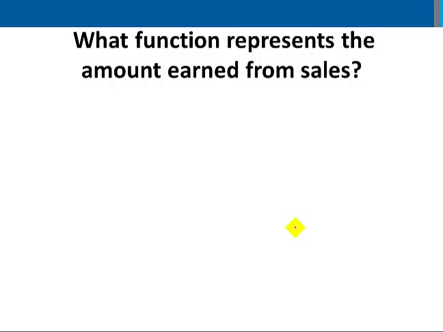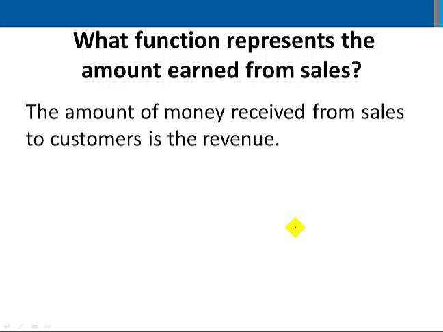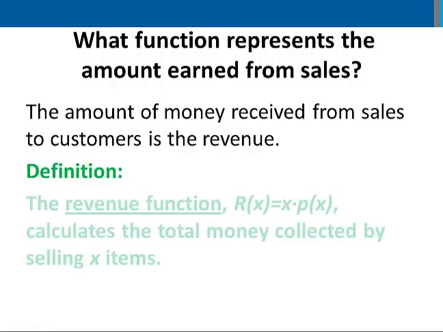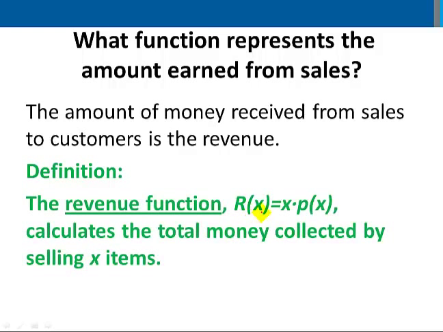What function represents the amount earned from sales? The amount of money received from sales to customers is the revenue. By definition, the revenue function, r of x, equals x times p of x, the price demand function. This calculates the total money collected by selling x items.